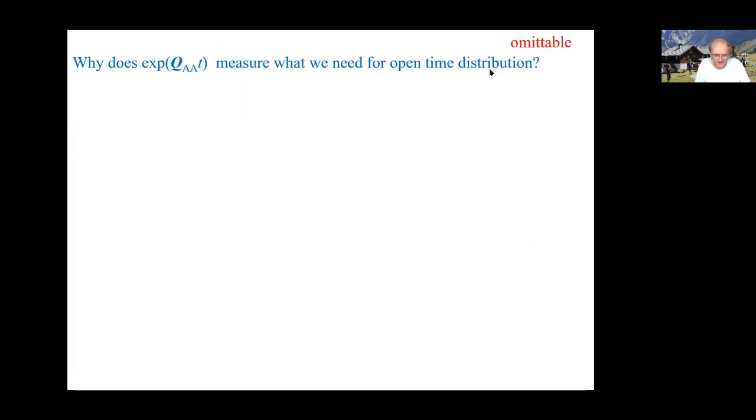Why does this e to the QAA t term keep appearing? Well, the next 3 slides will outline the derivation of it, but if you don't like the maths or you're not interested, you can really skip the next 3 slides.